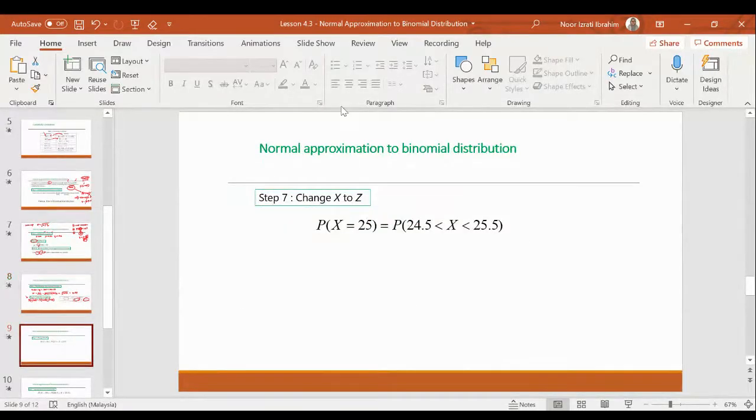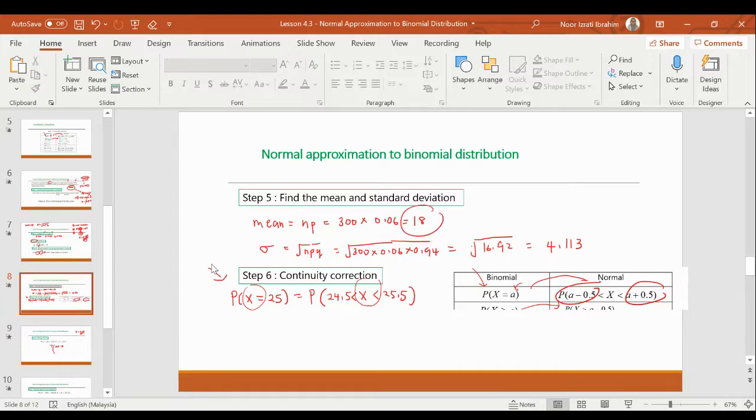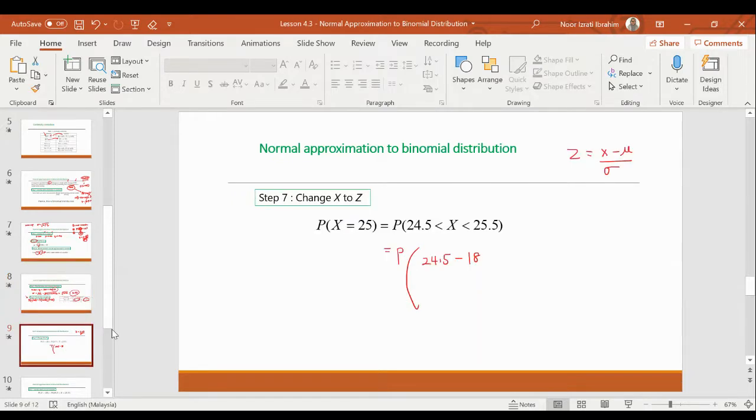Now it's time for you to refer to the table of Z. To do that, you have to first transform X to become Z, which is X minus mean divided by standard deviation. Here you just write like this, 24.5 minus 18, the mean just now. From here, the mean is 18, and the standard deviation is 4.113.